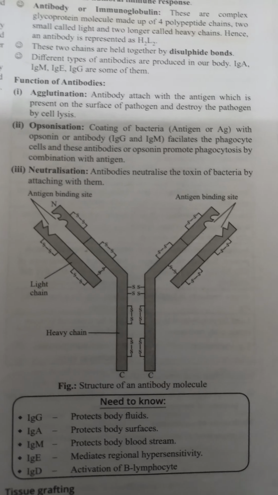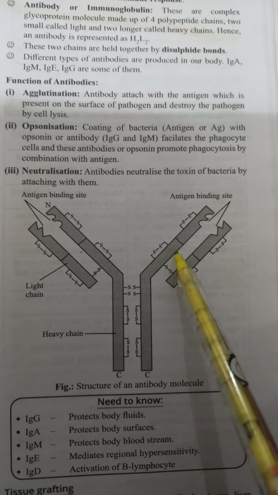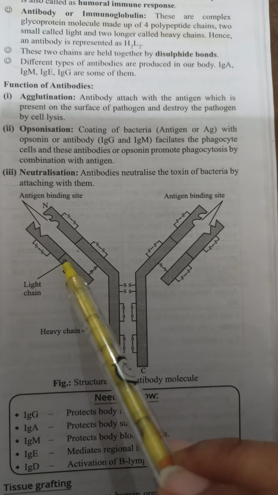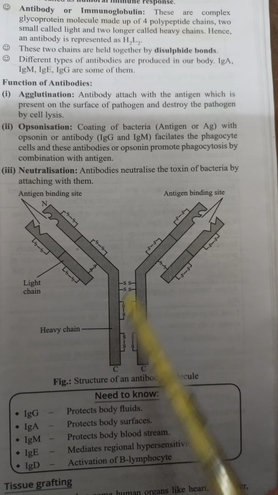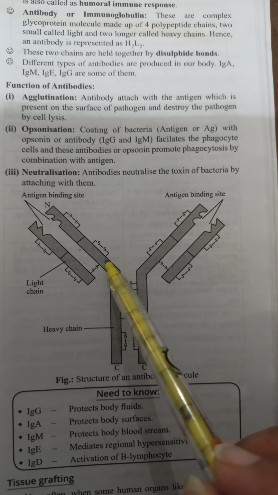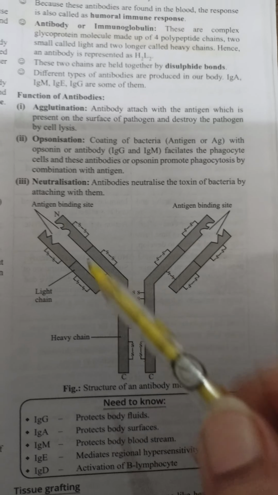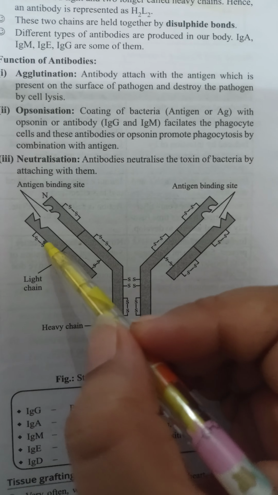So here in the diagram you can see these two are the light chains, and these are the heavy chains. This is the light chain, and this is the heavy chain, and this is the light chain. In this way these chains are joined together by disulfide bonds.